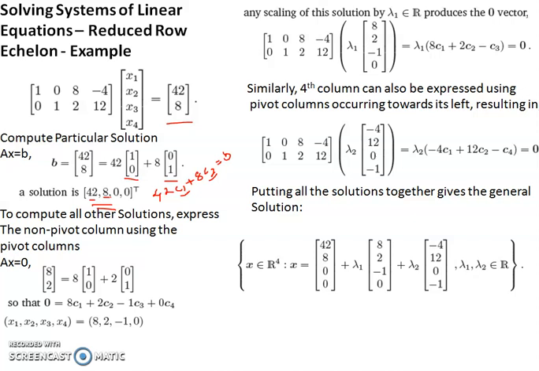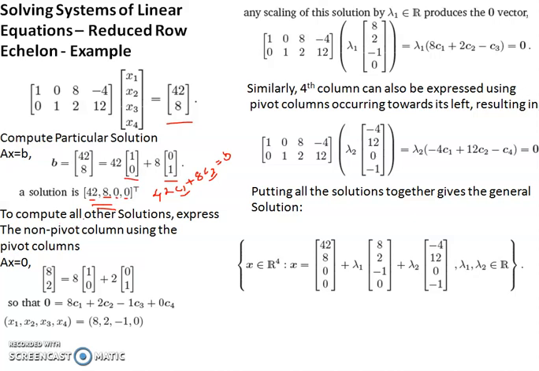C3 and C4 are not there in the formed equation, so they are taken as 0, 0. So it will be a vector of the form 42, 8, 0, 0. Since it is shown here as a row, we represent it with a transpose so that it is a column vector.